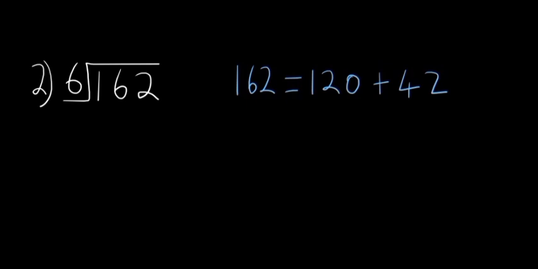So first we can subtract 20 groups of 6, which is 120.